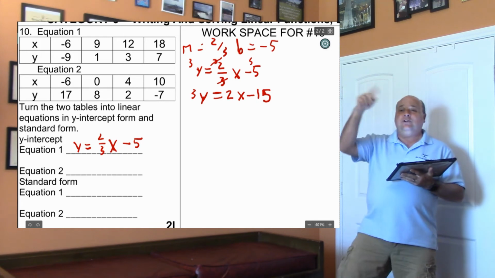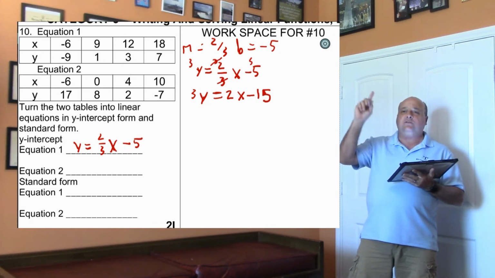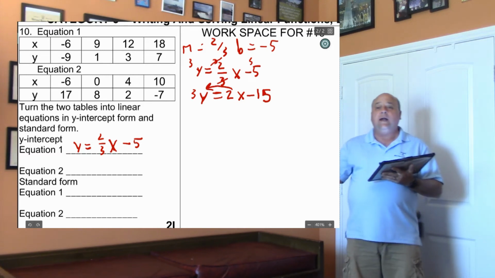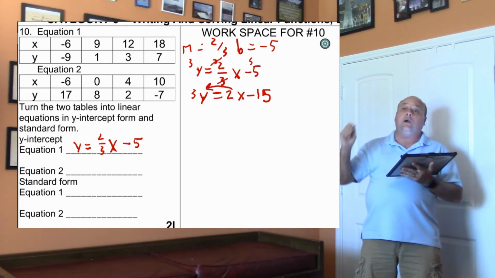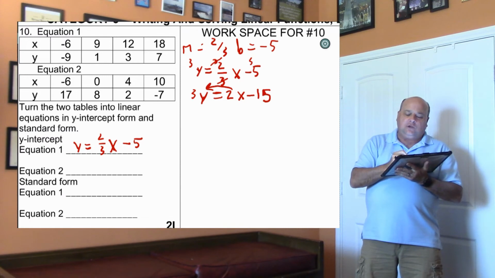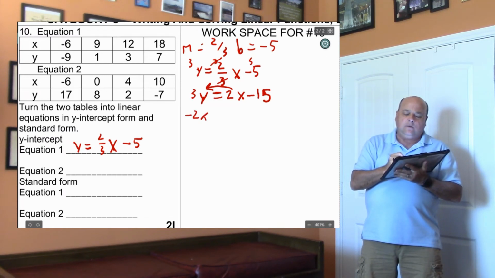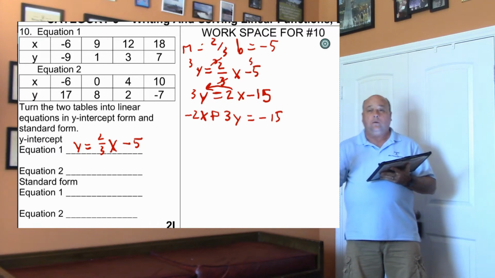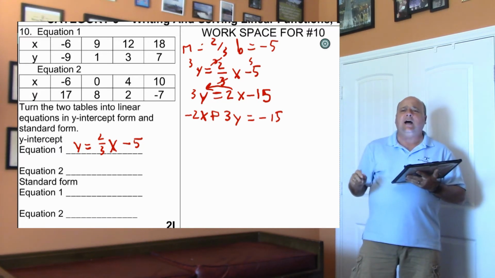Now then, all I got to do is move the x to the left, don't I? Ax plus by equals c. So I'm going to take the 2x and move it to the left. When I do that, the positive 2x will turn into a negative 2x, won't it? So negative 2x plus 3y equals -15. And then someone tell me what's wrong. Excellent job.